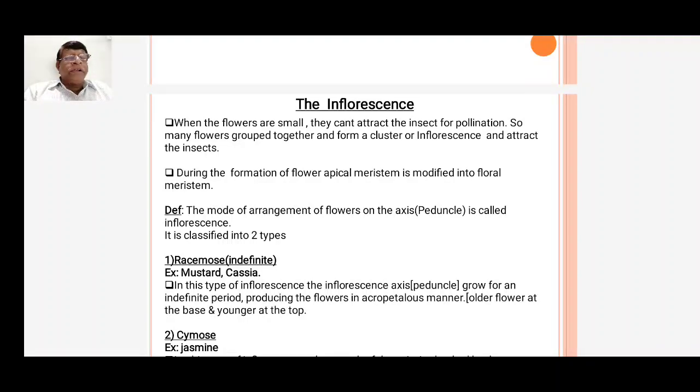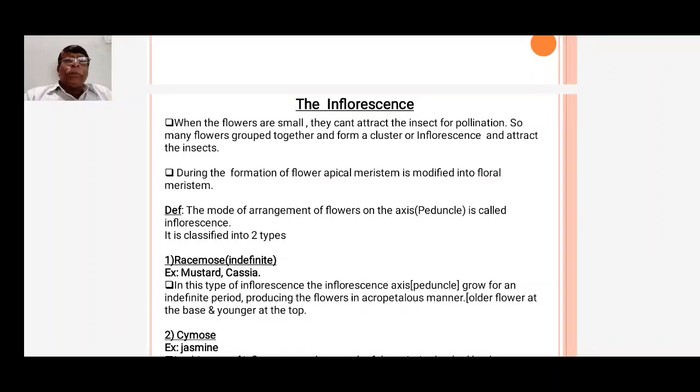It means it grows continuously. That is why it is called indefinite or indeterminate type of inflorescence. The other character is flowers are arranged in acropetalous manner. Okay.